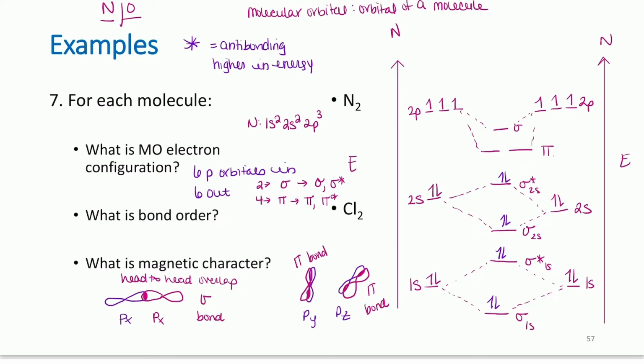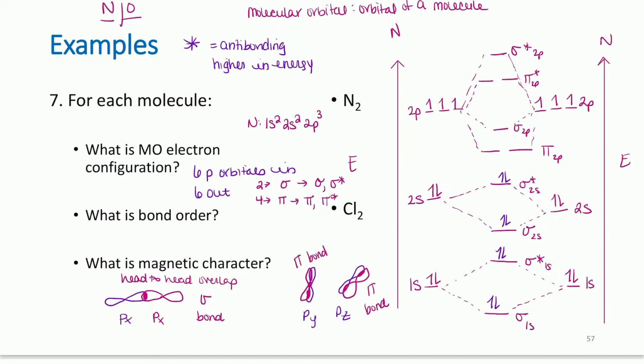So your 2p pi bonds are lower in energy than your 2p sigma bond. For antibonding, it's your pi's first, then your sigma, no matter what. This is a pi star, 2p, and this is a sigma star, 2p.